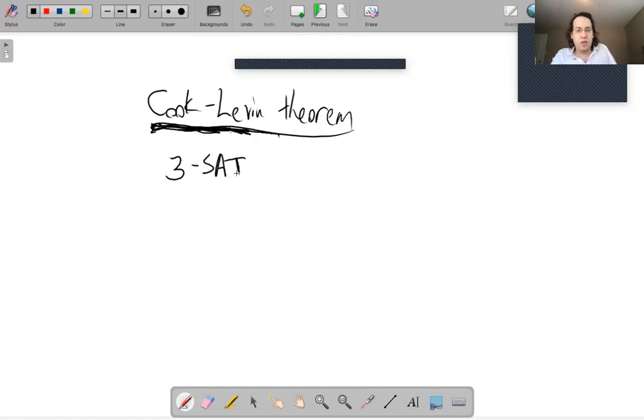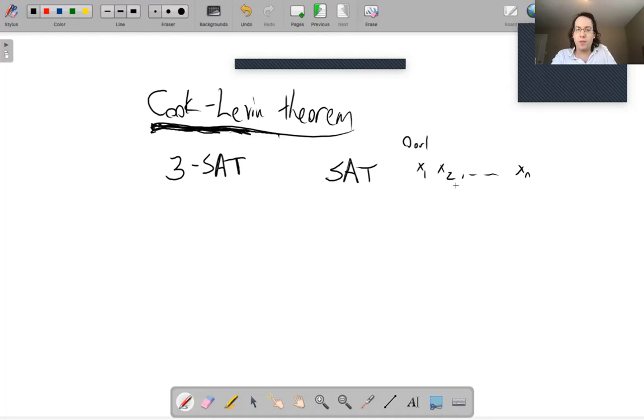Okay, and to describe it, we'll first talk about SAT. SAT is the satisfiability problem. Imagine you have n bits, called variable names, like x1, x2, up to xn. And these can take values of 0 or 1, right?